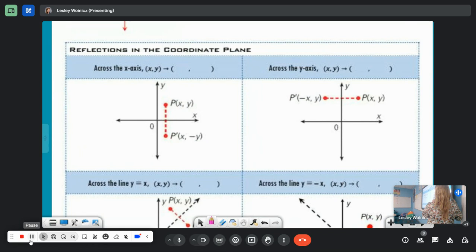So what I like to do is I pick an ordered pair. Now the rules for the ordered pair are pretty simple. You want to pick usually something from the first quadrant where everything is positive, because that's the easiest to work with. You do not want your x and your y value in your ordered pair to match, because then you can't tell if they switch spots.